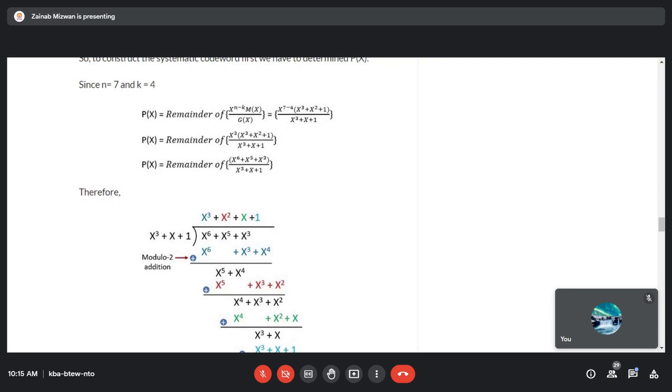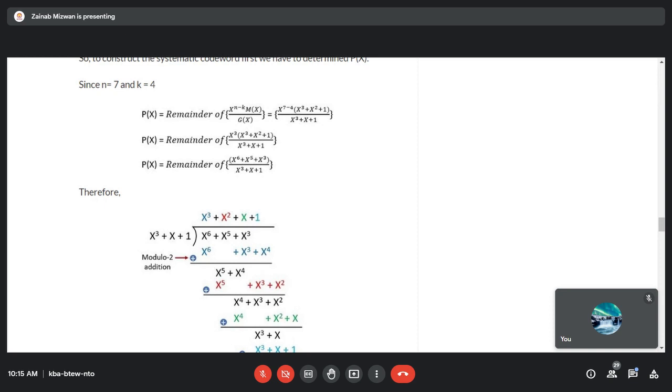Now the power of x is 5 here and 3 in the divisor, so I multiply the divisor by x square. I get x raised to 5 plus x cube plus x square. The x raised to 5 cancels, so finally we get x raised to 4 plus x cube plus x square.